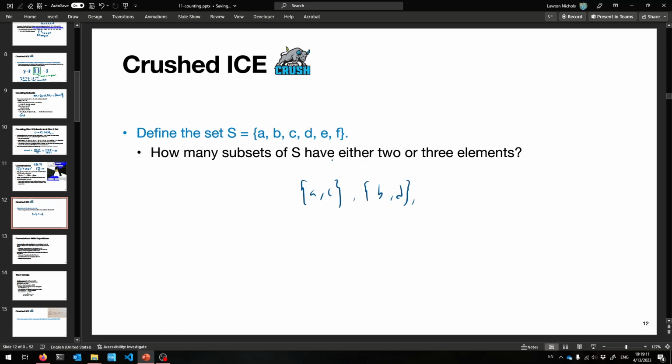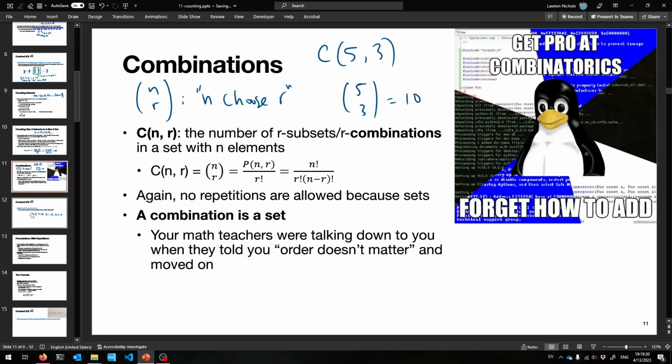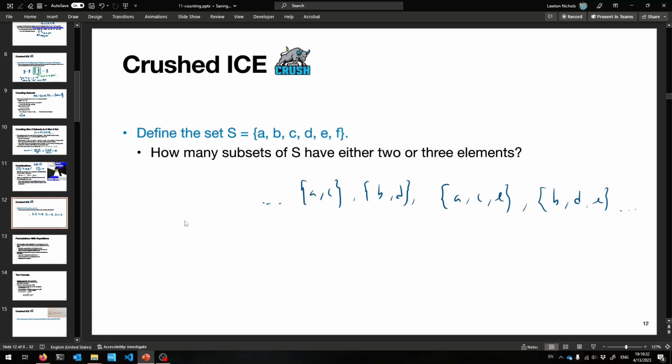And I want you to count the ones that are of size 3 too, like A, C, E, or B, D, E, stuff like that. So how many subsets look like this? Size 2 or size 3? All right, so using combinations is definitely going to be the goal here. See if you can figure that out.